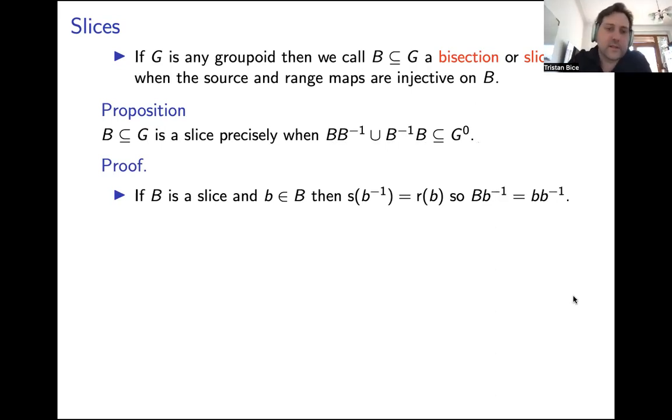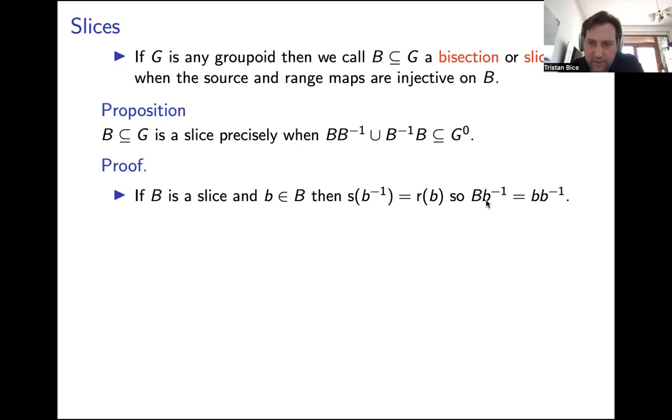Let's say B is a slice. Take some element b in my slice B. Well, we know that the source of b⁻¹ is exactly the same as the range of b. So the only valid products here in this big B, little b⁻¹, there's only one possibility, since it's a slice.